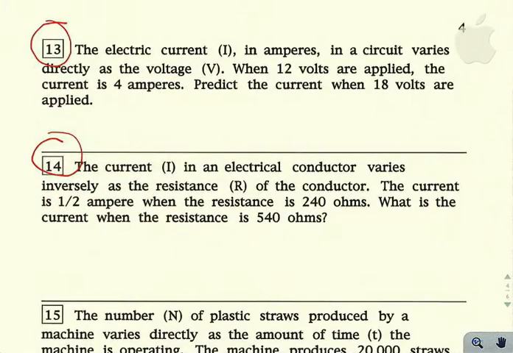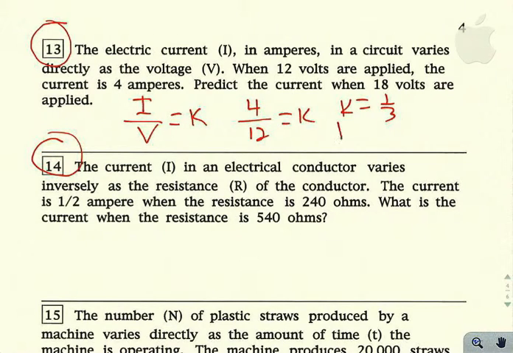Number 13 says that current varies directly as voltage. And when 12 volts are applied, the current is 4 amps. So we'd have 4 over 12 equals K. That makes K equal to 1/3. And so I over V equals 1/3.